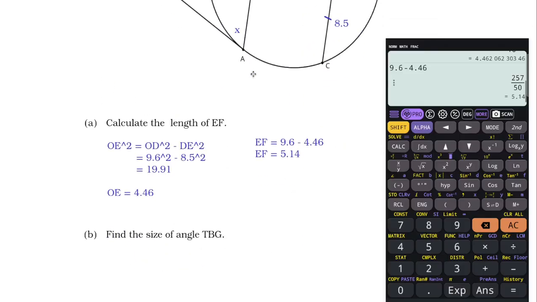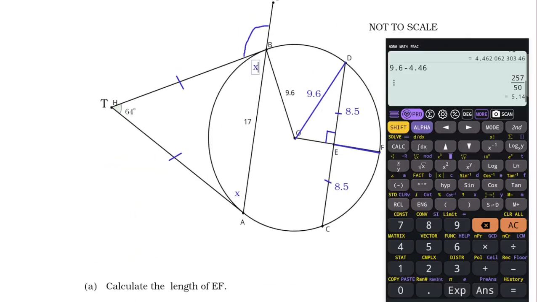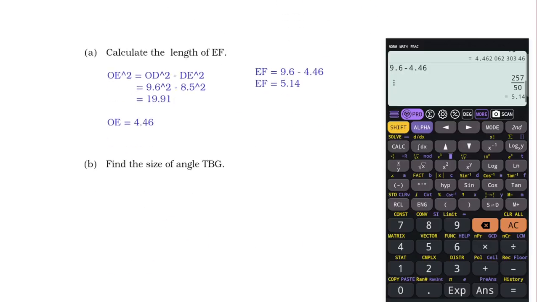Now using the sum of interior angles in a triangle, we have 64 plus 2x is equal to 180 degrees. That's the sum of interior angles in a triangle.